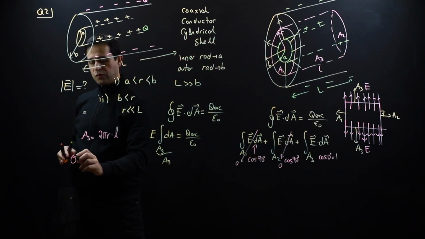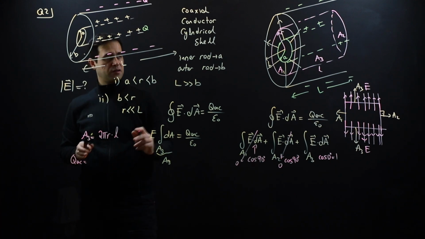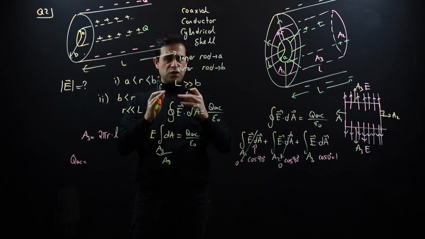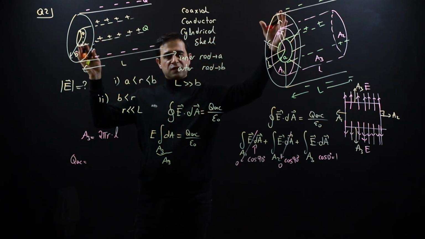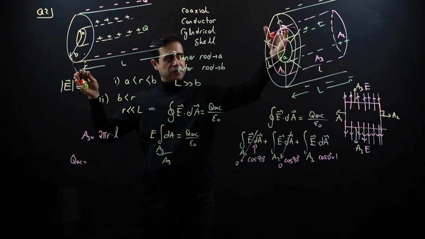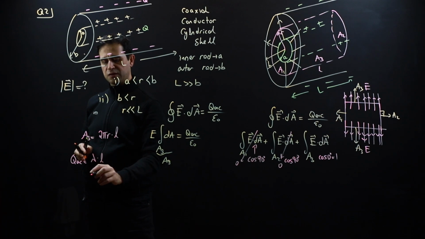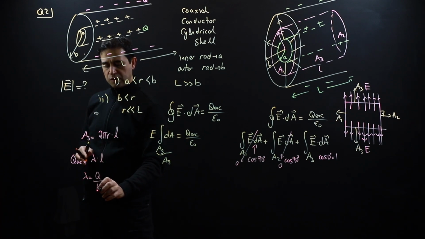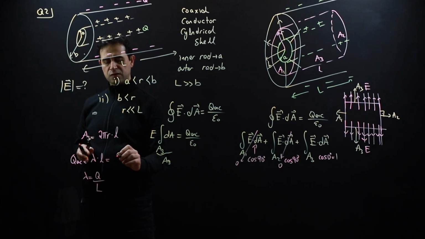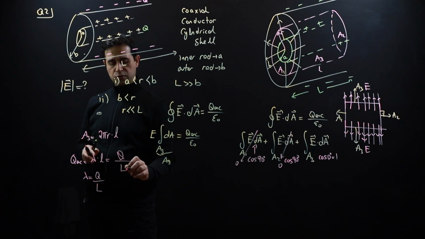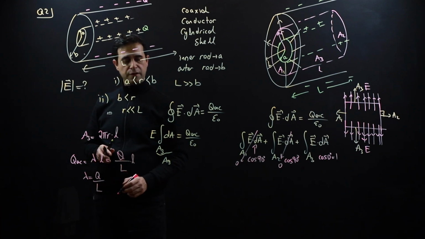So Q enclosed, and the distribution is homogeneous in this direction. It's going to be proportional to the length, right? And in general, we know that it's lambda times l. And lambda, remember, is total Q divided by the total length. Hence this is Q divided by total length times small l.